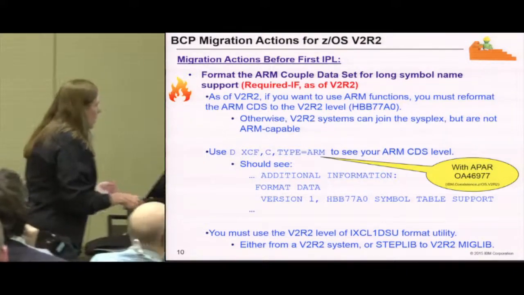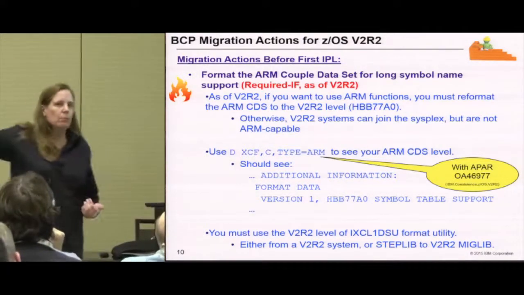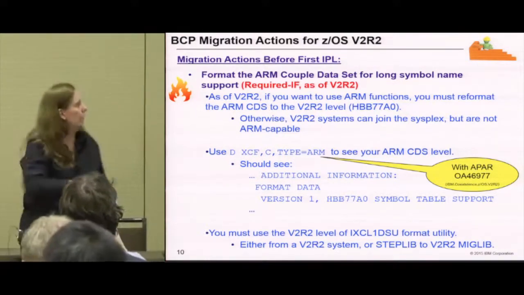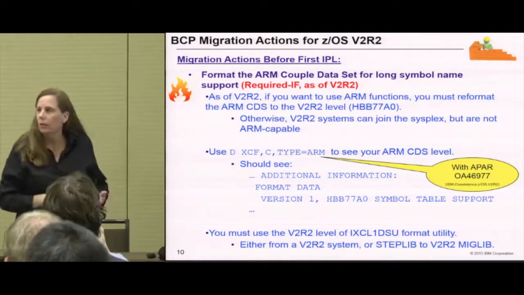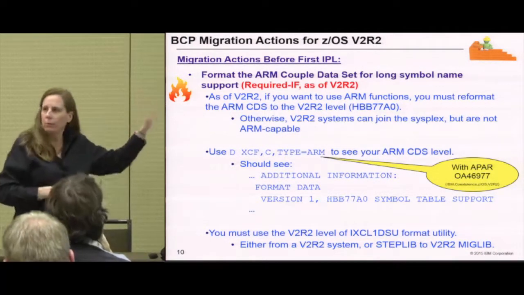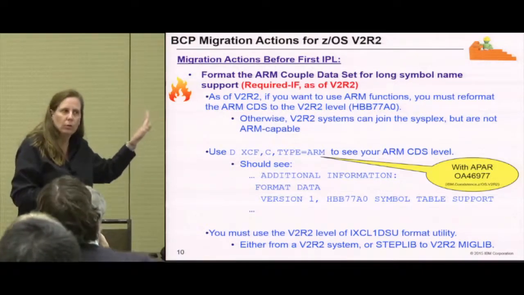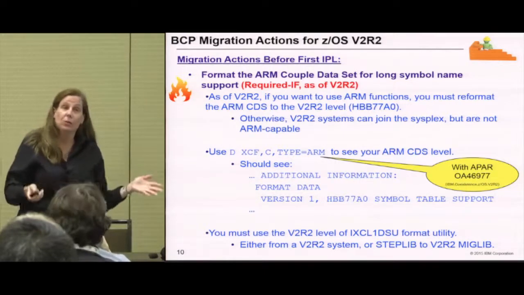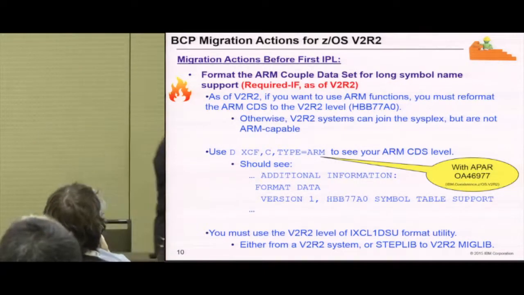You use the format utility, and you can STEPLIB to the MIGLIB that's on your z/OS 2.2 system. That will format it at the level that you can see here. This is really clear and really important. This is something that early customers did not do, but it was clearly marked in the migration book that you needed to do it. So they just forgot about it, I guess.